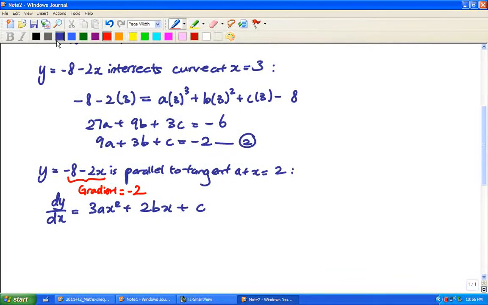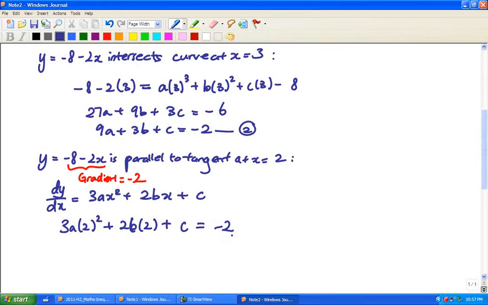So this piece of information tells us that when you substitute x equals 2 into dy/dx, you should get the value -2, in order for this tangent to be parallel to the line y equals -8 minus 2x. Simplifying, we get 12a plus 4b plus c equals -2 to form our third equation.